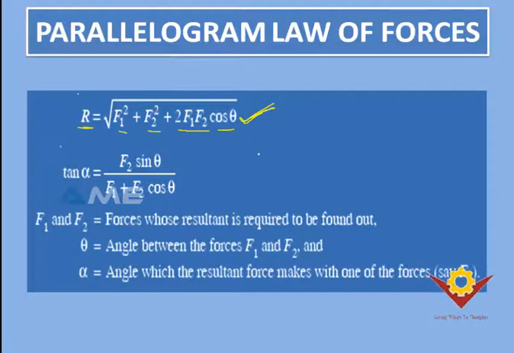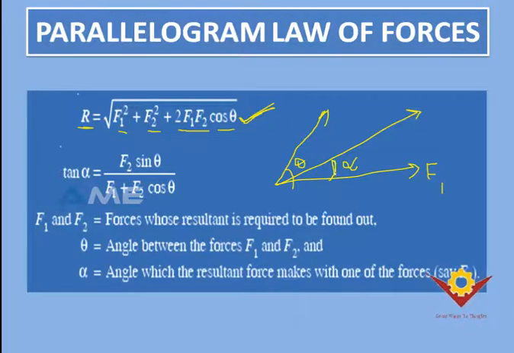Now you can see here, this is one force, F1, and this is another force, F2, and these are making an angle of theta. Your resultant is making some angle with respect to the horizontal, that is F1, and that angle is alpha.